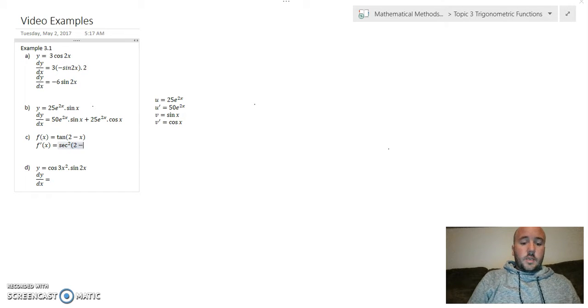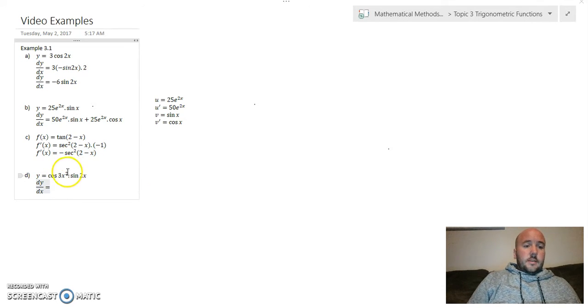So we keep the sec squared of that function, and the chain rule then makes use of the derivative of the function in the brackets, which is derivative of 2 take x, just negative 1. If we simplify that, it is just going to become negative sec squared of the function 2 take x.